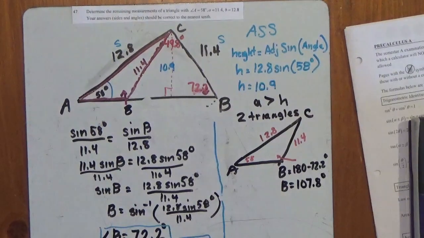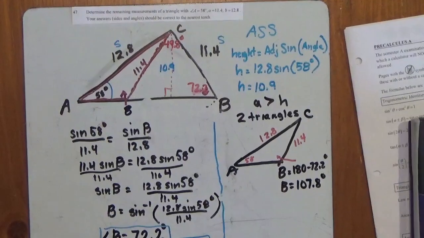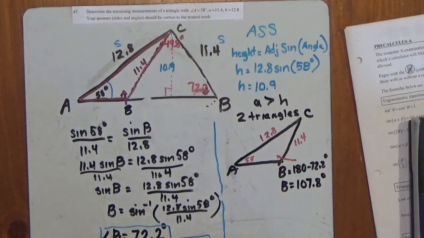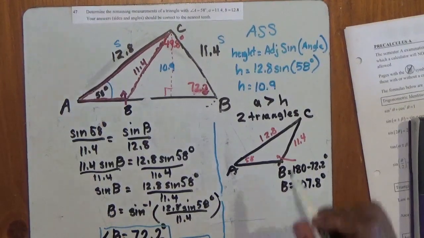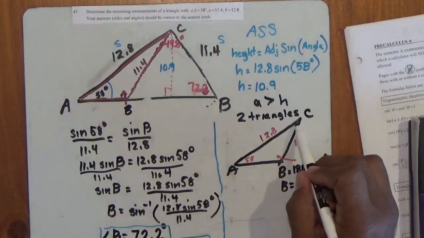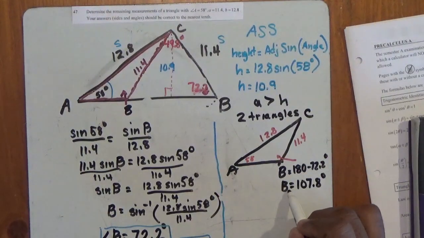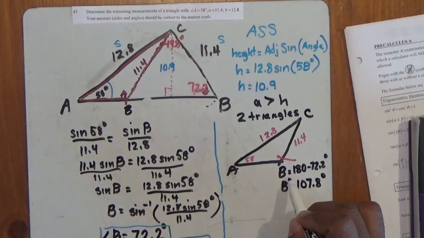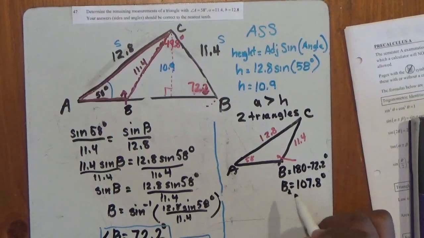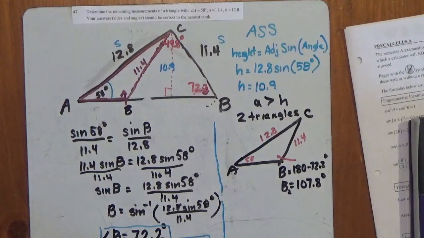That's our new B, or our second triangle B. So we have that, which means that we can find angle C, and we're just following these steps now. Let's just call this the second angle B.